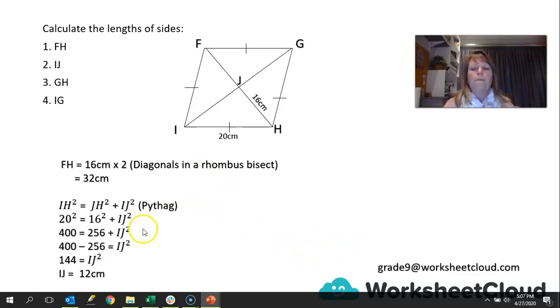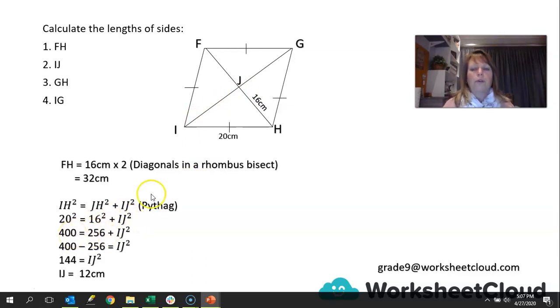Okay, we know RH is 20 centimeters. We know JH is 16 centimeters. So the hypotenuse squared is equal to the sum of the other two sides, each squared. Okay, so it's 16 squared plus RJ, which we don't know, but that is squared as well.